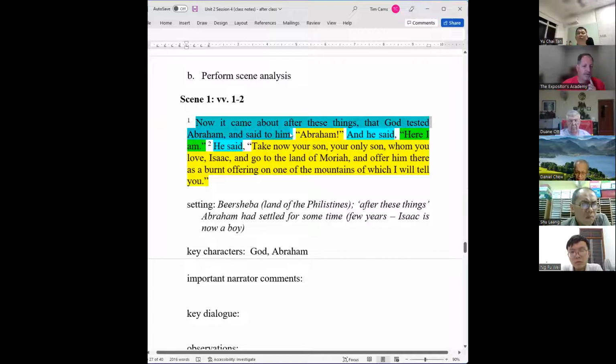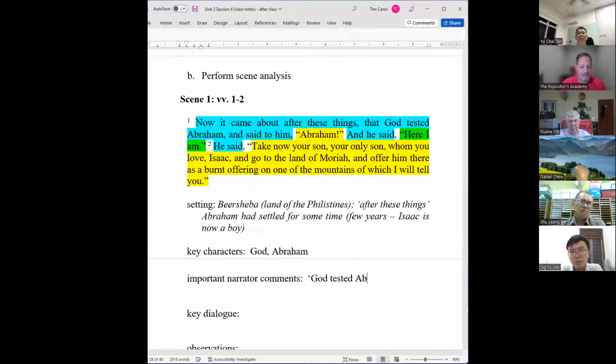Anything from the narrator in blue that stands out? Testing is taking place. Yes, God tested Abraham. That's a significant statement, isn't it? It's telling us the purpose of God's motive here. Yeah, that's a big one.